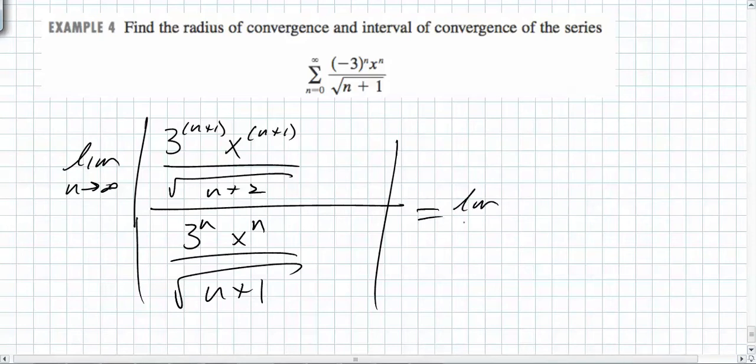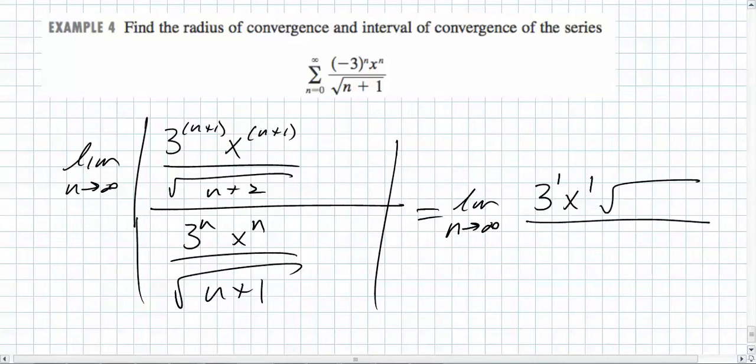We end up with the limit as n goes to infinity of 3 to the what power? 1, x to the 1, so that cancels there, and then what gets kicked up here? The square root of n plus 1, right? N plus 1 gets kicked up here. And what's on the bottom? N plus 2, like this?